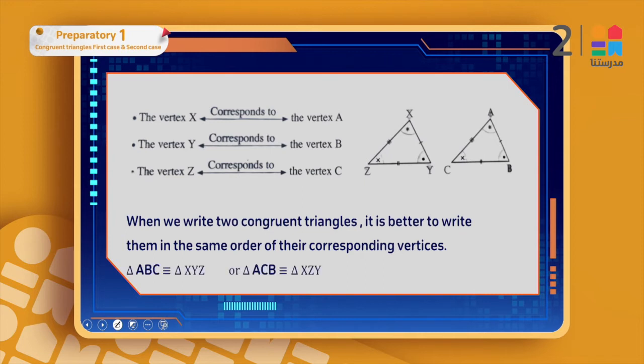So we can write triangle ABC is congruent to triangle XYZ, or triangle ACB, take them in any order. C is corresponding to Z. So in the middle we have to put C, and Z is congruent to triangle XZY.